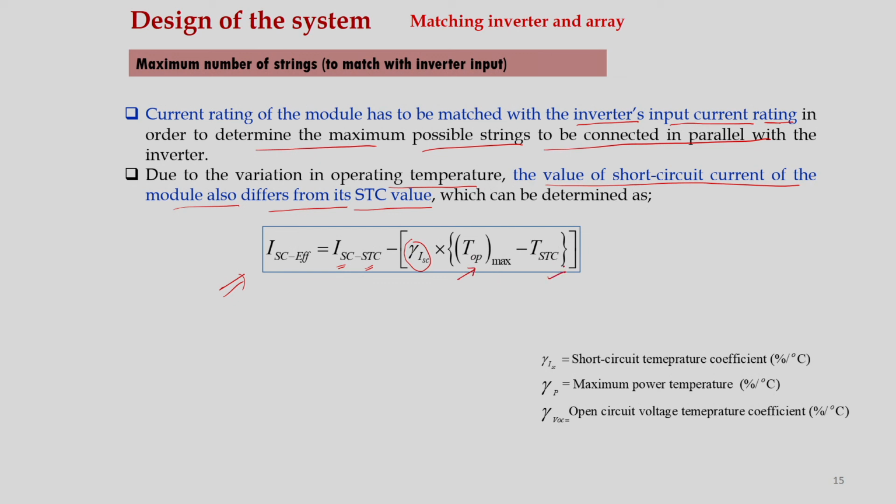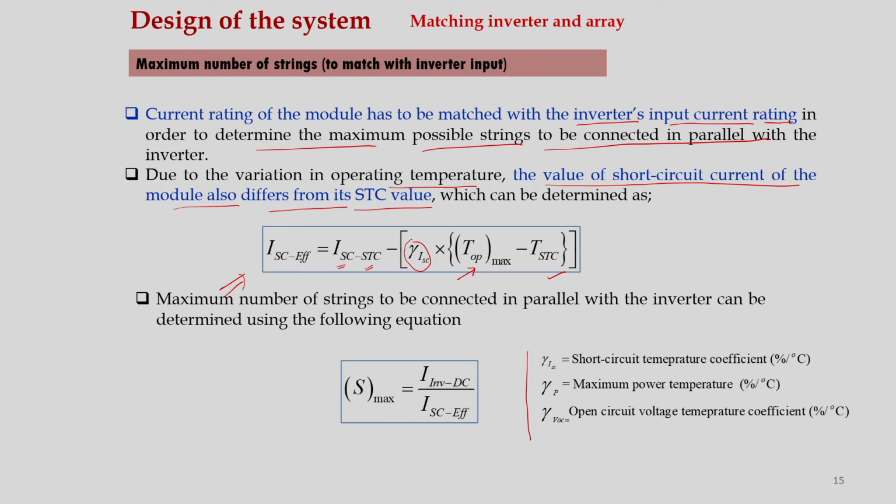TSTC is normally 25 degrees C. So, these are the values this parameter stands for: gamma SC is the short circuit temperature coefficient, gamma P is the maximum power temperature coefficient, and gamma VOC is the open circuit voltage temperature coefficient.